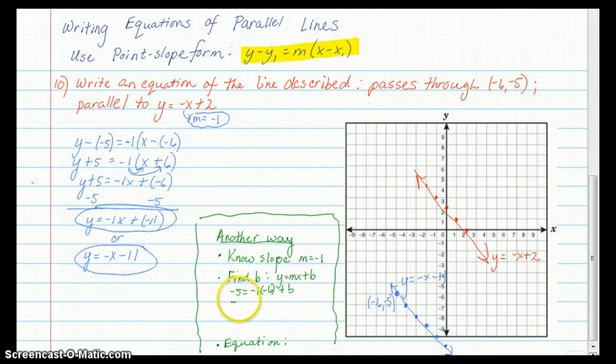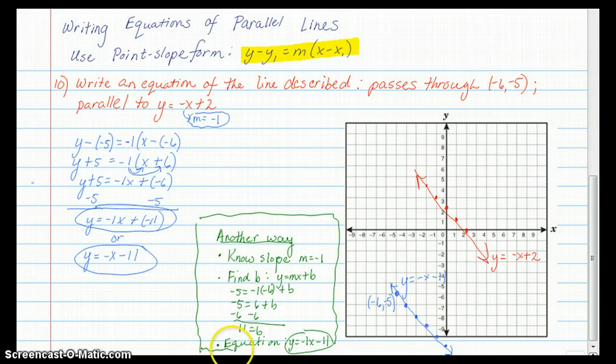Negative 1 times negative 6 is 6, so negative 5 equals 6 plus b. We subtract 6 from both sides. Negative 11 equals b, which means we have y equals negative 1x, or negative x, plus our b, minus 11, which is exactly what you had right here with the point slope form simplification.